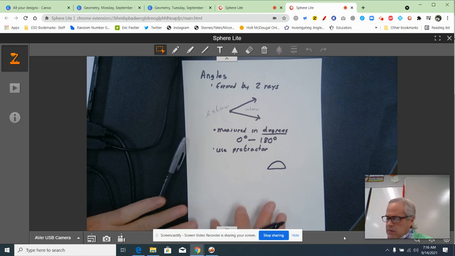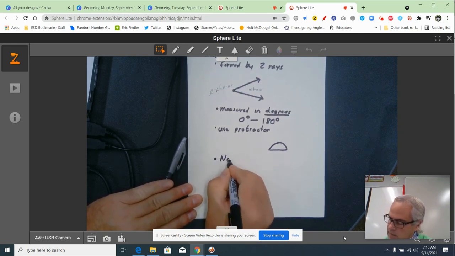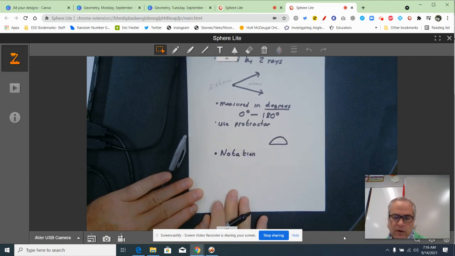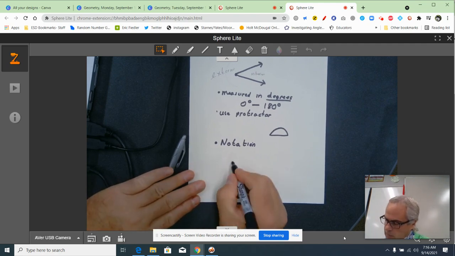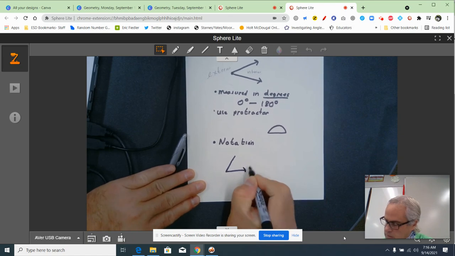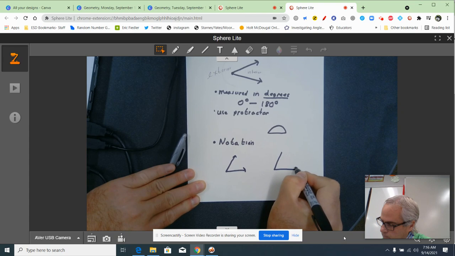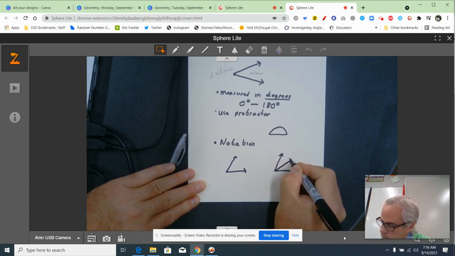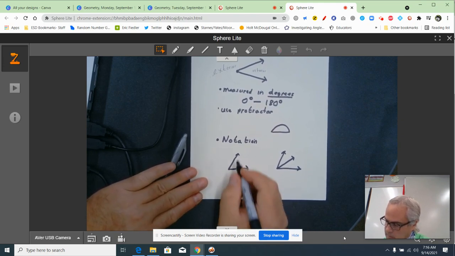Now, here's something that's very challenging, and I think you guys know this by now from my tone in class, notation is always a critical thing, and I'm always very concerned that we're having the proper notation with angles, and everything else. So I want to show you two pictures. One is just a simple angle, and the other is a little bit more complex. Okay, and I'm going to put some numbers on this and some letters.